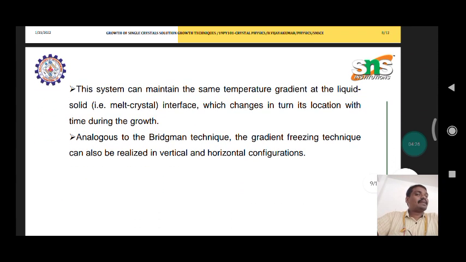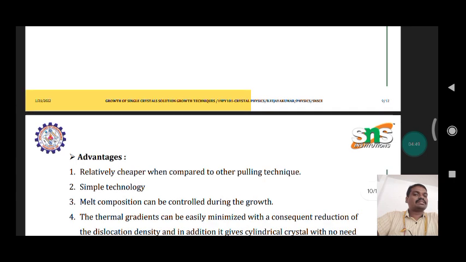The system can maintain the same temperature gradient at the liquid-solid interface, which changes its location with time during the growth. Analogous to the Bridgman technique, the gradient freezing technique can also be realized in vertical and horizontal configurations.